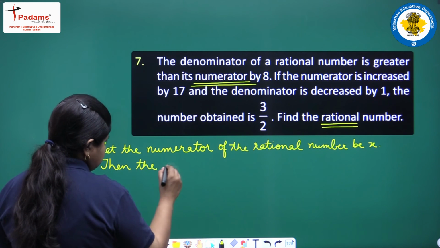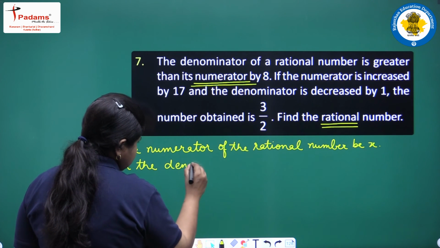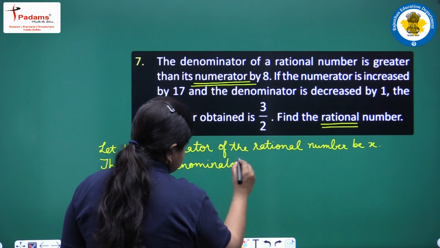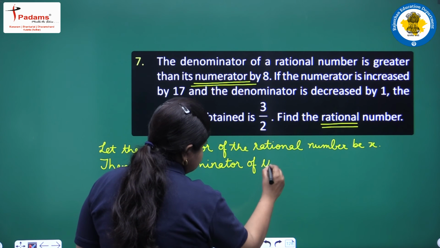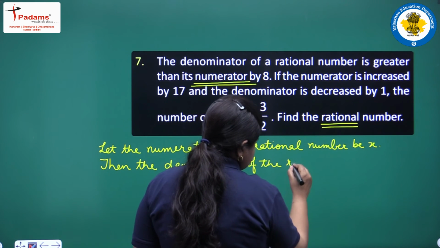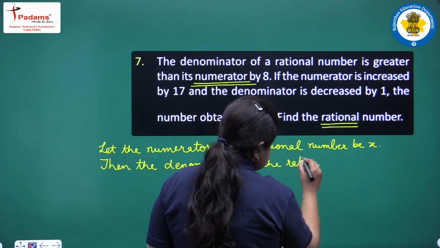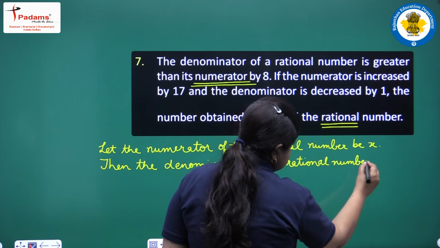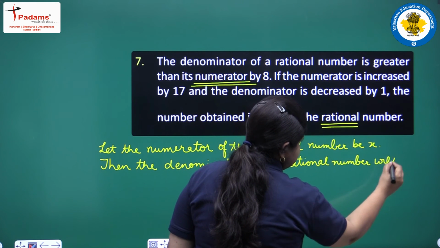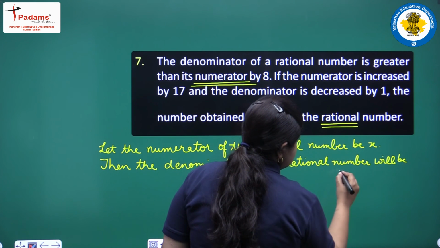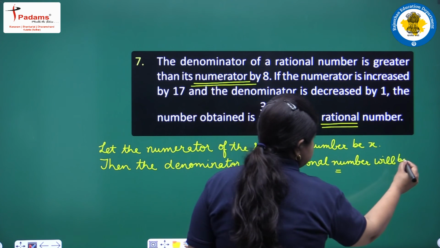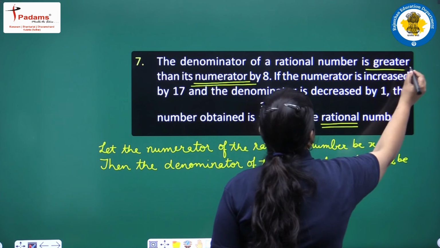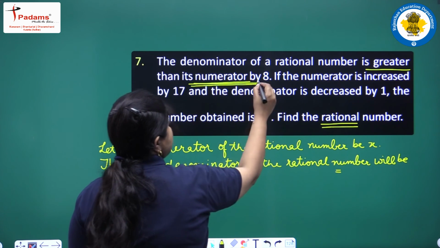Then the denominator of the rational number will be equal to how much? Greater than numerator by 8.